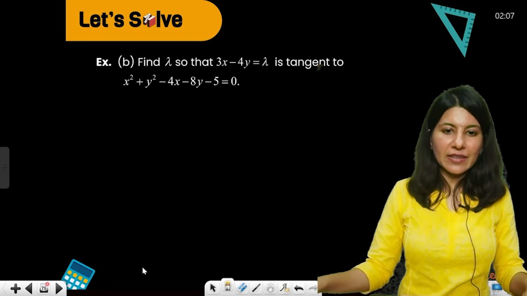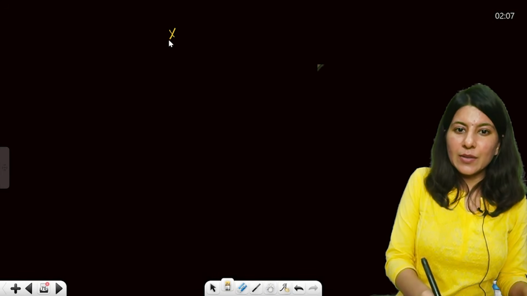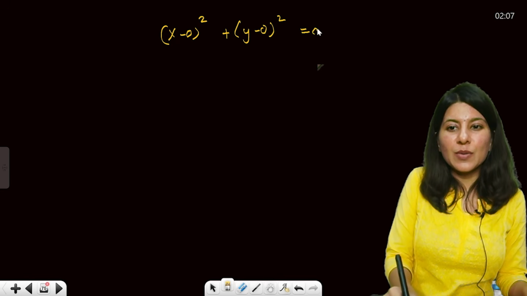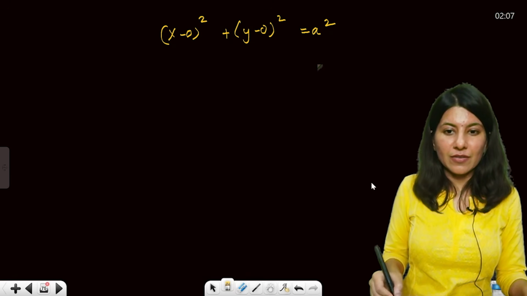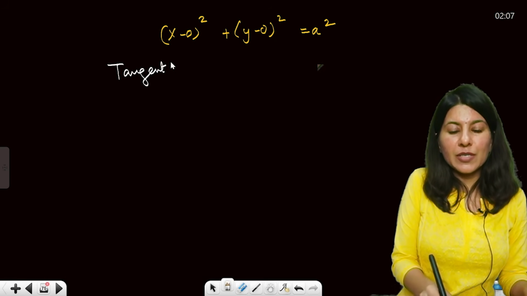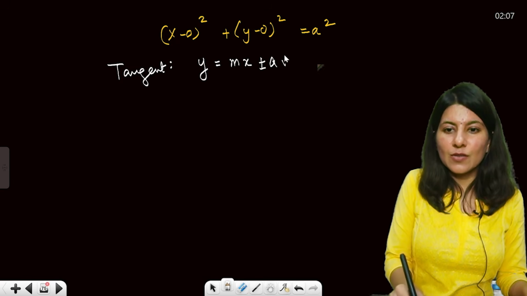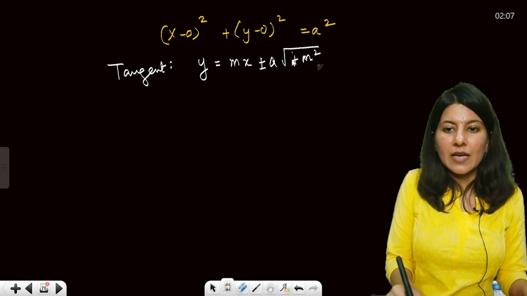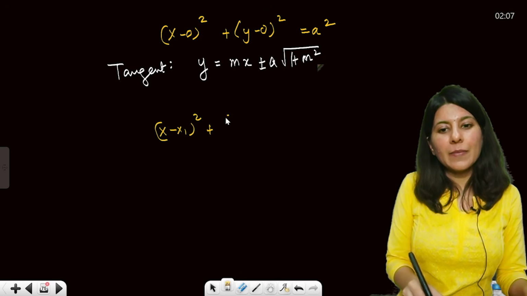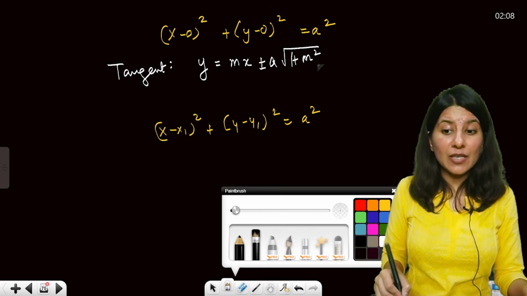Before moving on to the next problem, I would like to tell you that x minus 0 square plus y minus 0 square equals a square has a tangent whose equation is y equals mx plus minus a square root 1 plus m square. Now, if you have a generic circle, x minus x1 square plus y minus y1 square equals a square, then what will be the equation of tangent?